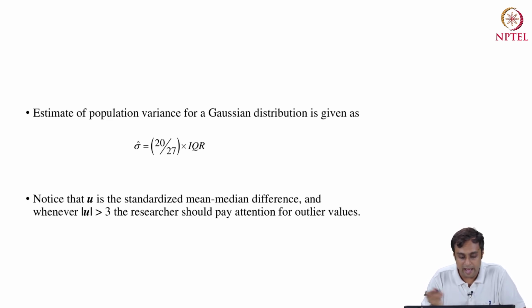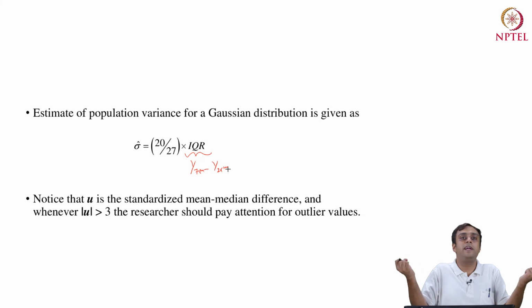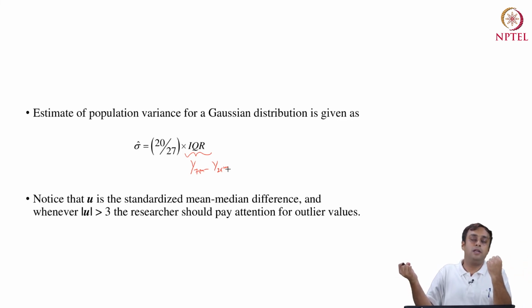Now sigma squared, I said that you can back it out from the data. It's just 20 over 27 and into interquartile range. The interquartile range is just a difference between the 75th percentile and the 25th percentile. How to get them? Well, just order the data from smallest to largest. The 25th value, when you are at the 25th step, that is the 25th percentile.